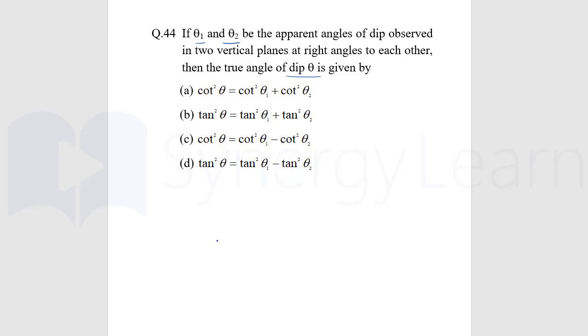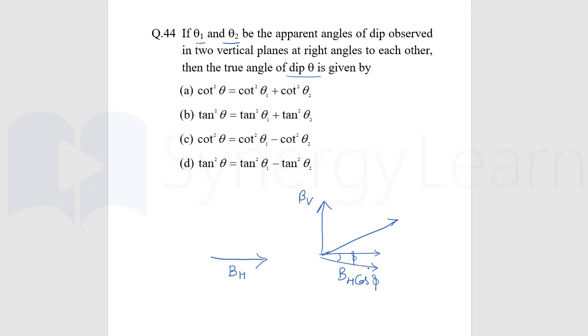So for apparent angles of dip, when the horizontal component BH is taken in a particular plane other than the magnetic meridian, then it becomes BH cos phi, say if this angle is phi. The vertical magnetic field remains the same. Angle of dip is the net angle which is formed.